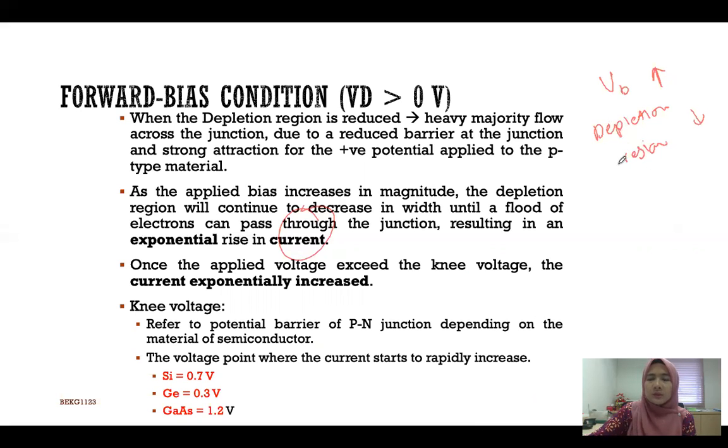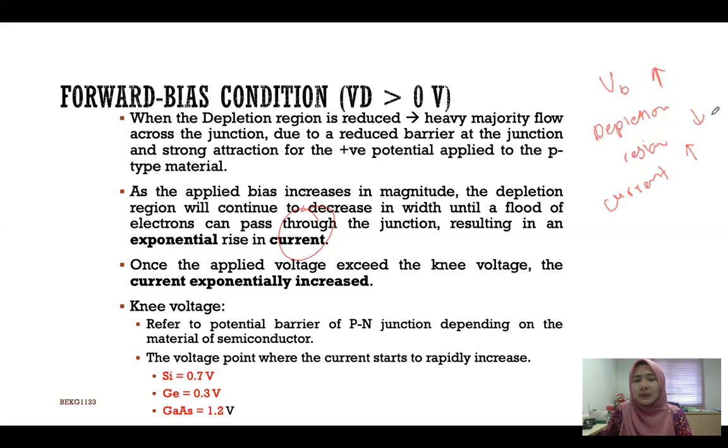So when the depletion region is small, more electrons can cross, and the current will increase.